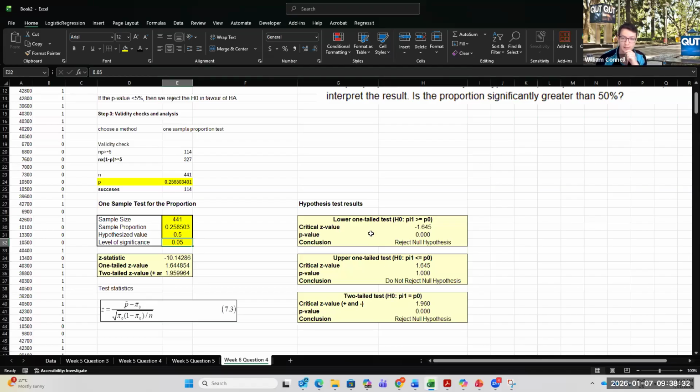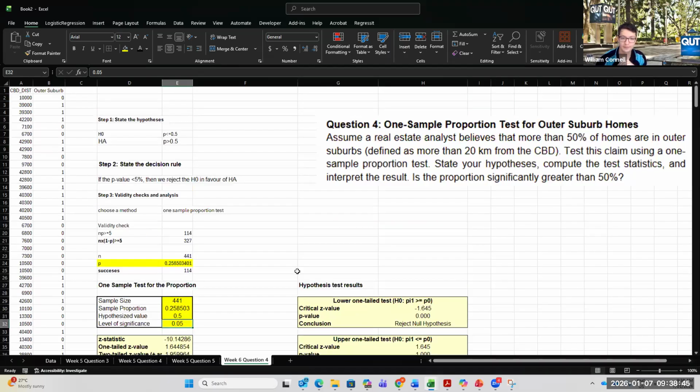The way that we're able to tell which of these we're after is based on 2 different methods. The first one is thinking about where our rejection region is, right? The rejection region lines up with how we've written the alternative hypothesis.